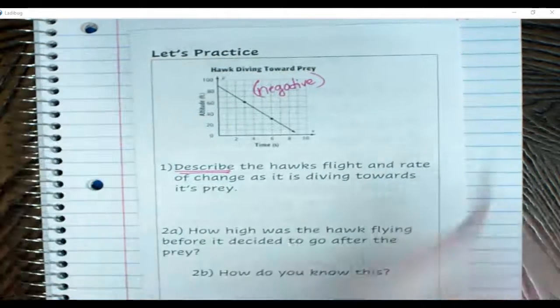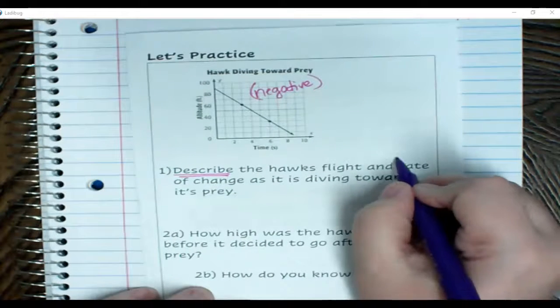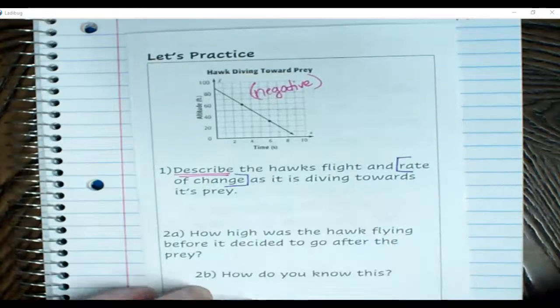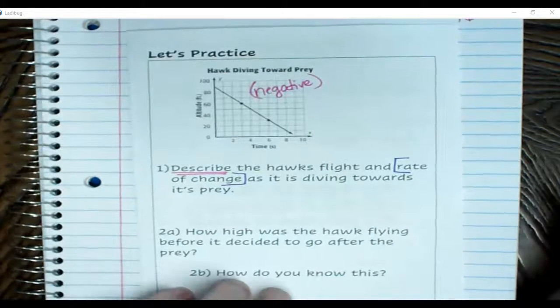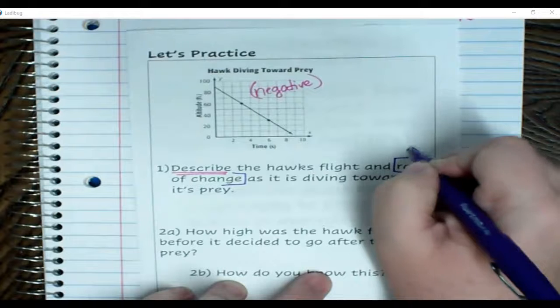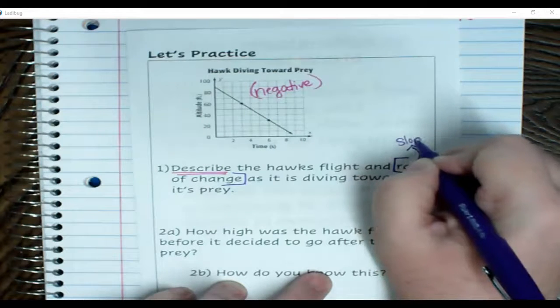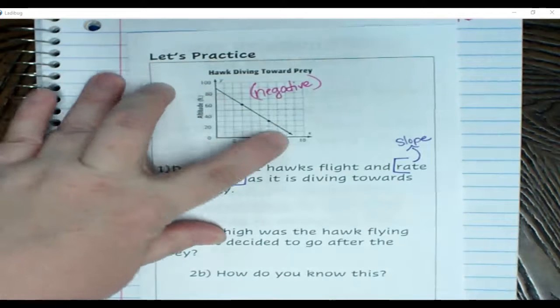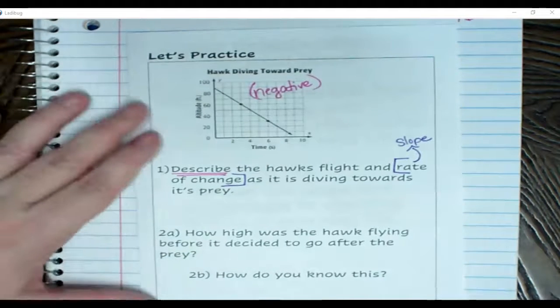And we want to look at the rate of change. This rate of change, what does that mean? Rate of change mathematically refers to the slope. How fast is he diving down? What is that slope of that line that shows he's diving downwards?